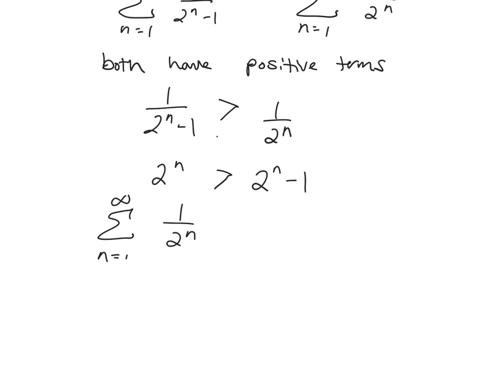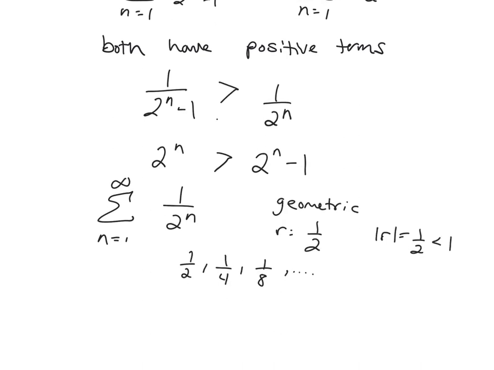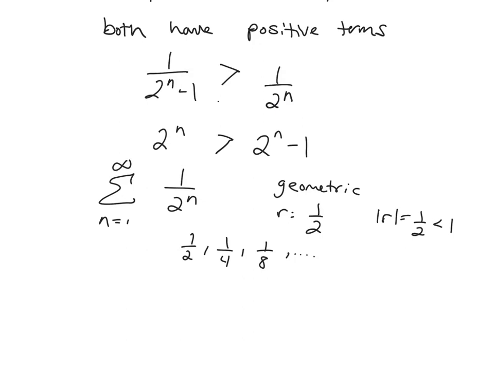If we write out some of the terms, it's 1/2, 1/4, 1/8, and so forth. That's a geometric series. What's my r value? 1/2. For a geometric series to converge, the absolute value of r needs to be less than 1, and it is. So this series converges.